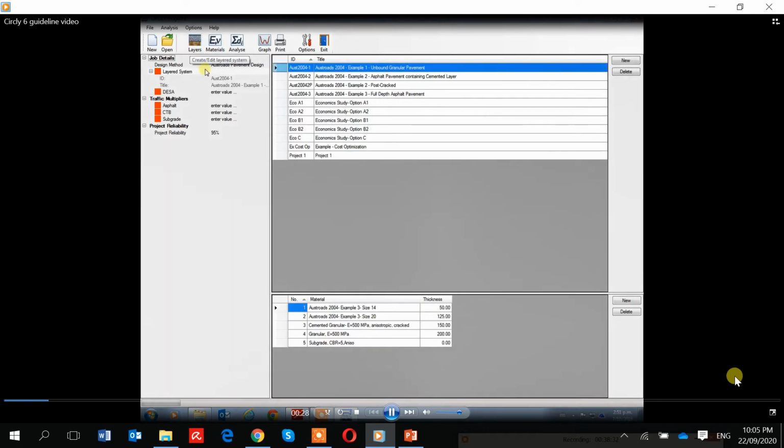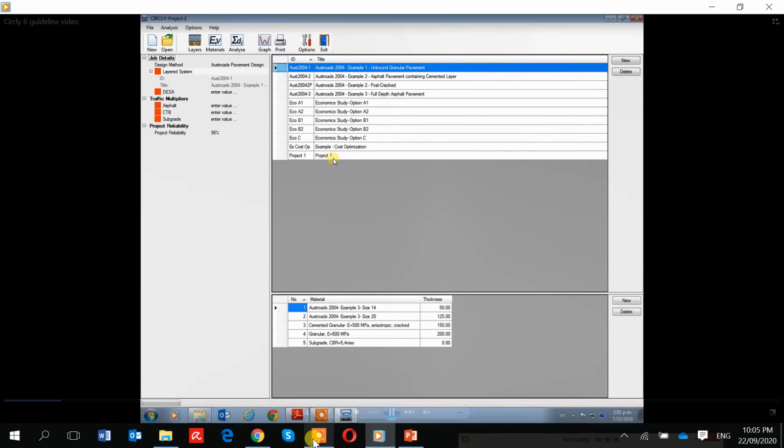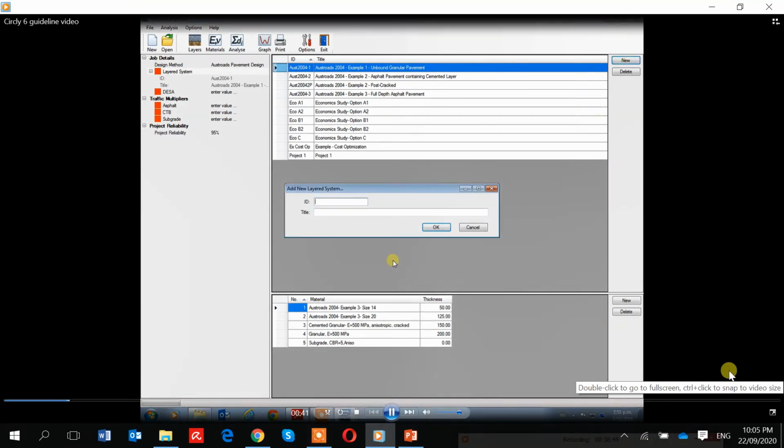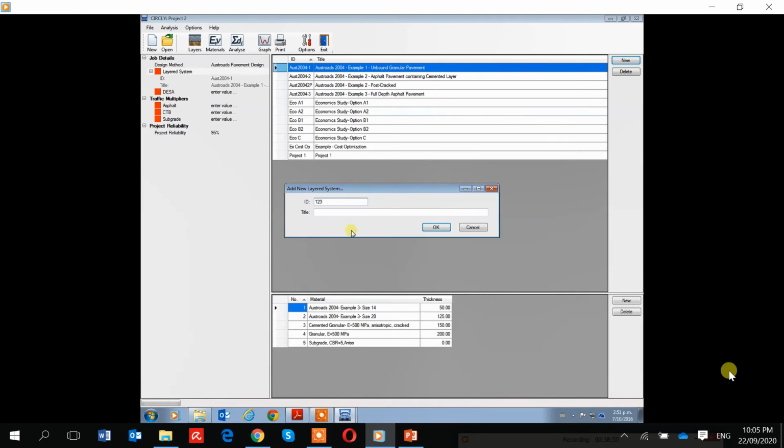I just did project 1, so I'm going to do project 2. For the ID, if you have your student ID, you just put in your student ID. For my ID, I just put 1, 2, 3. And for this one I put project 2.